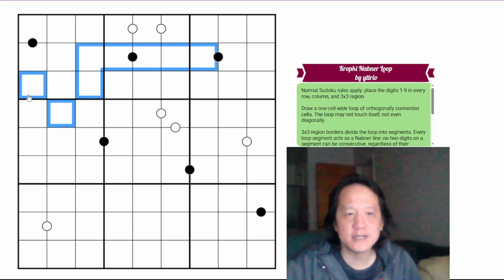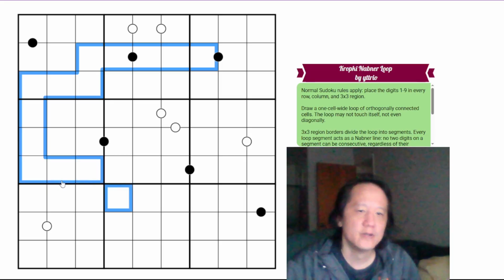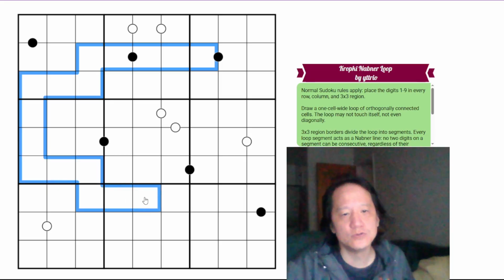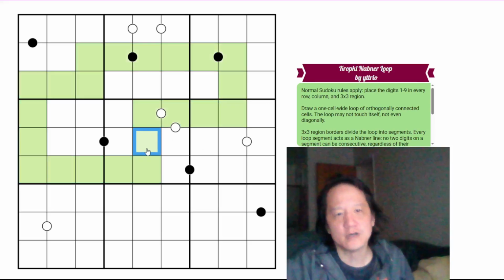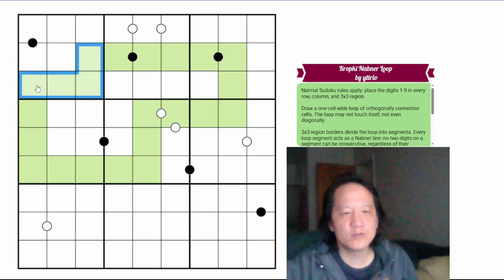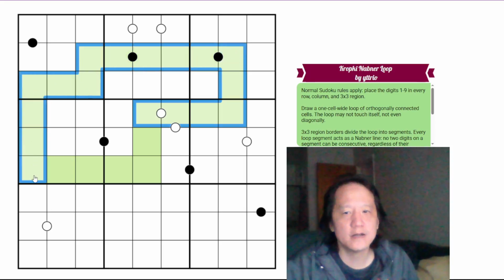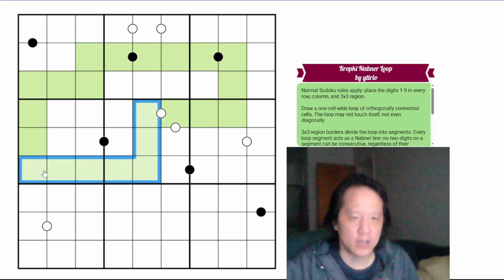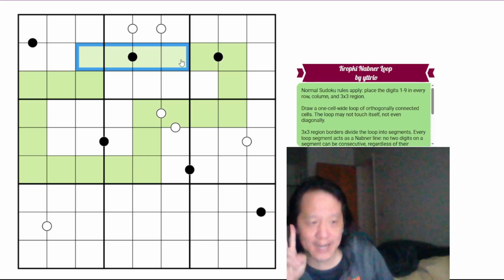So as an example of a loop, orthogonally connected means, so what does this mean actually? Let's talk about it this way. It means that I'm trying to go this way. This would be a valid loop because another way of putting it is I like to say that every cell on the loop must share an edge with exactly 2 other cells on the loop.